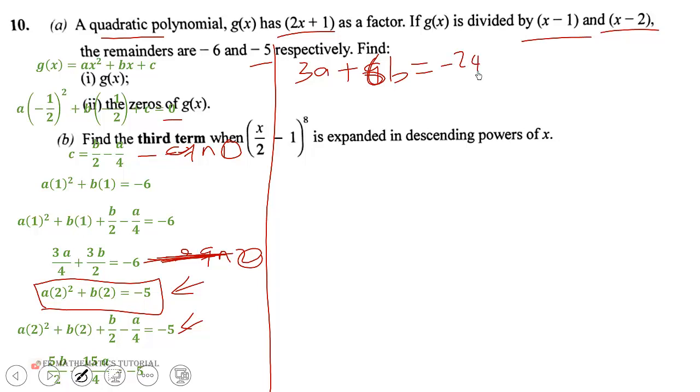Then when we also take this one here and multiply through by 4, we get 10b plus 15a is equal to negative 20.